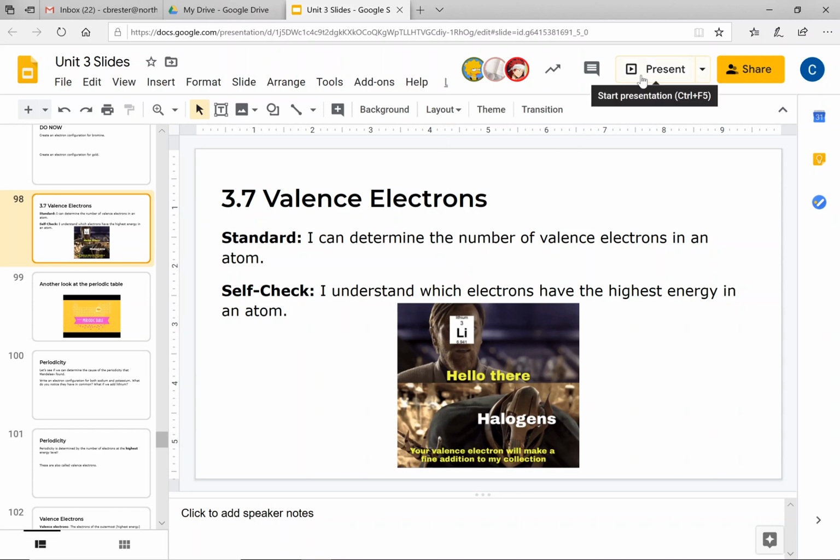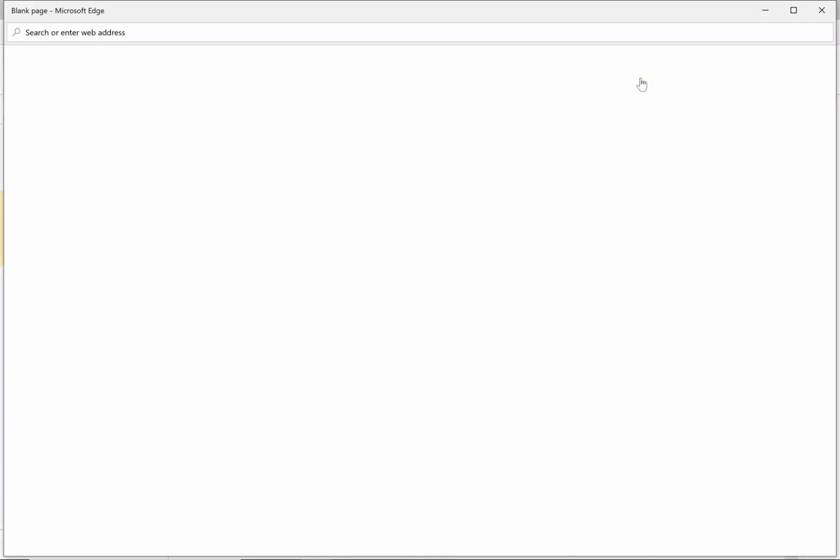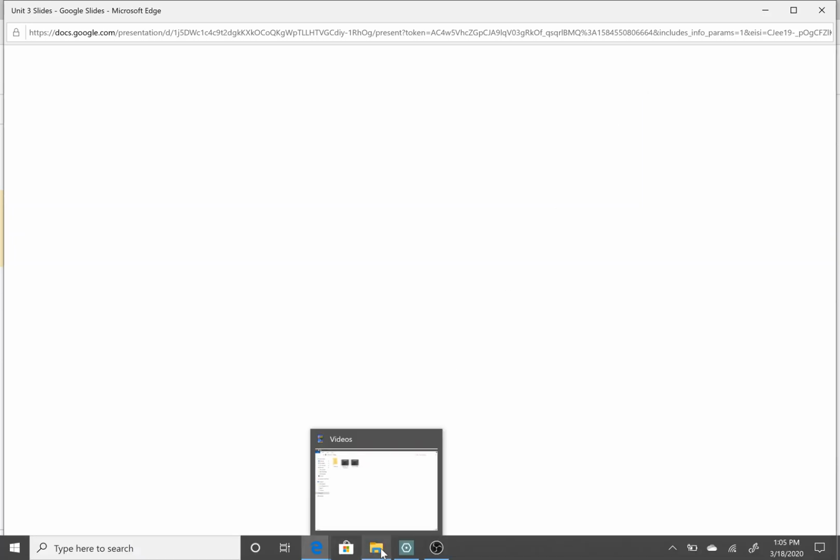So today we're looking at our next standard, which would have been 3.7, valence electrons.